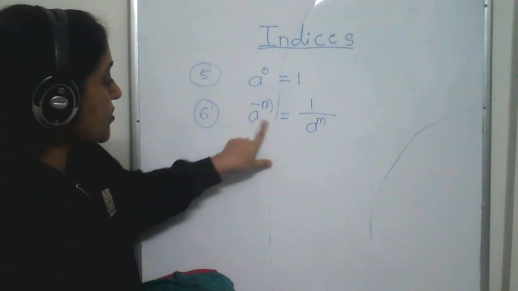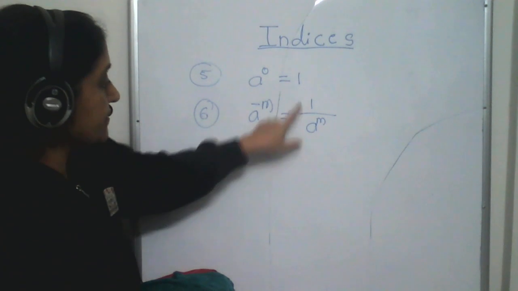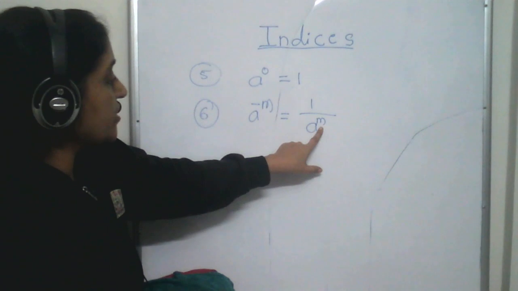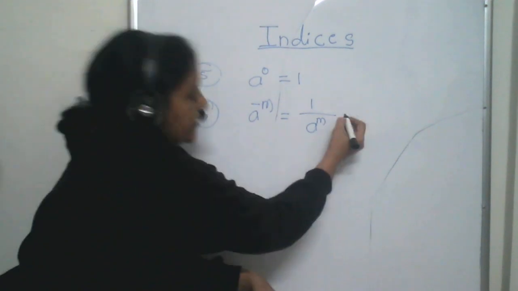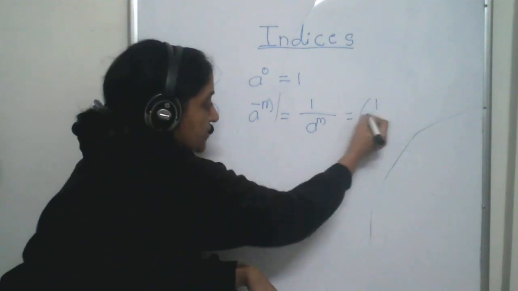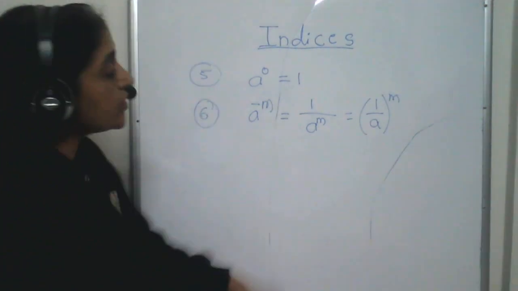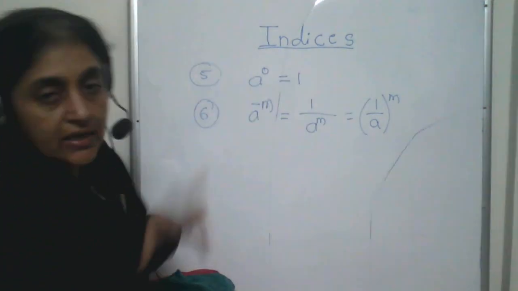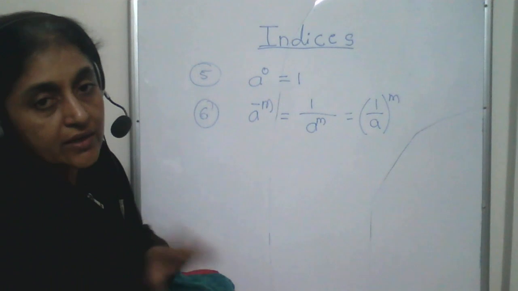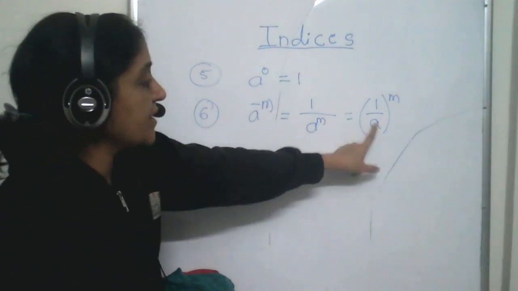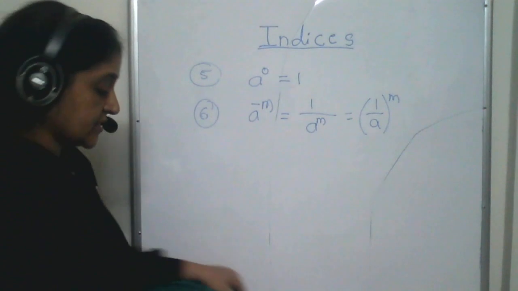What is the reciprocal of a? 1 by a. So the exponent becomes positive. Can we write it like this, (1/a) to the power m? Yes, you can, because 1 to the power anything will be 1 only. It will not get affected, and here a to the power m can be written likewise.